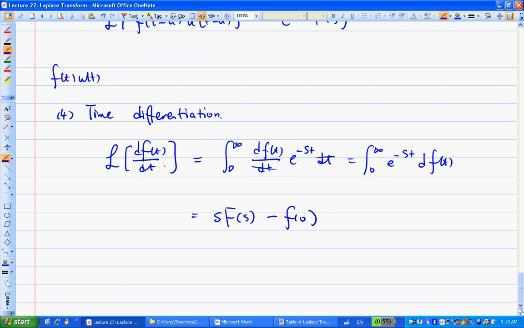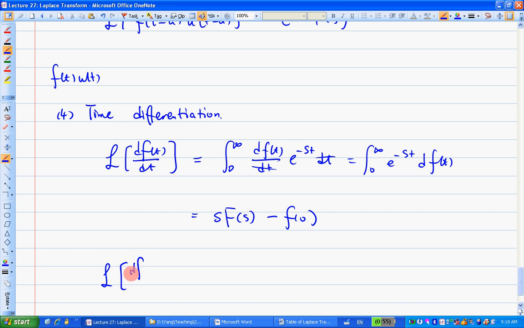So the Laplace transform of the derivative of function f of t gives you s capital F of s minus f of 0. This capital F of s is the Laplace transform of f of t, and f of 0 is the initial condition. So that's the first-order derivative.